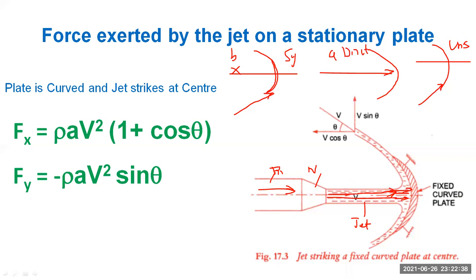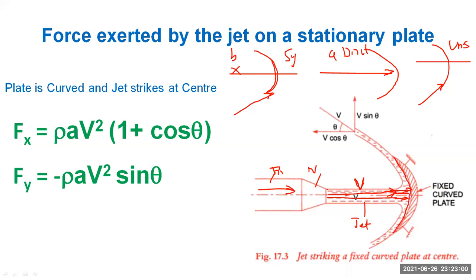The first case is when the jet strikes exactly at the center of the curved plate. As you see here, it is a fixed, that is stationary, curved plate. The velocity with which the jet comes and strikes is v, so the initial velocity is v, and we have assumed the plate to be smooth.